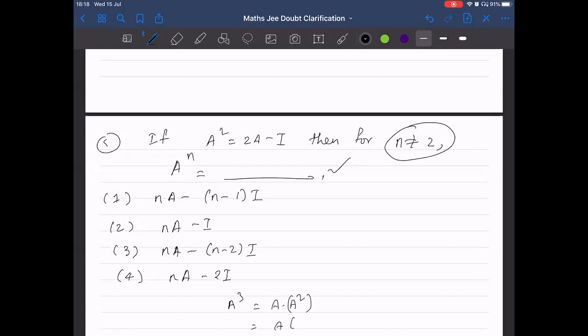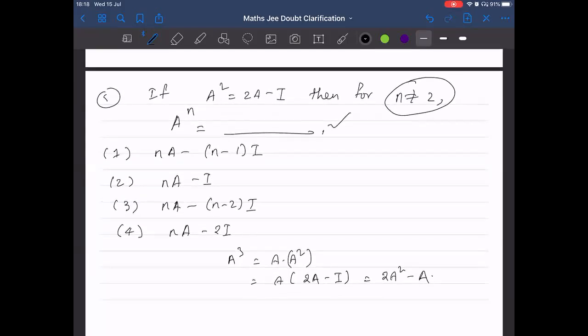So you will be getting A into (2A minus I), which is 2A square minus A. Now again, A square, see the question: A square is 2A minus I. So it is equal to 4A minus 2I minus A, which is equal to 3A minus 2I. Since we now got this A cube value, go ahead and substitute n equal to 3 in any of the options.